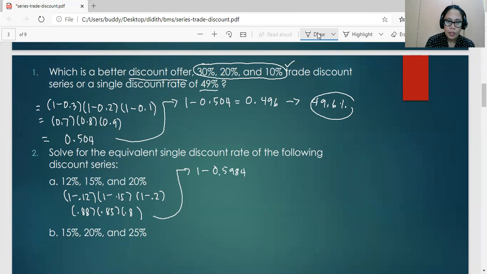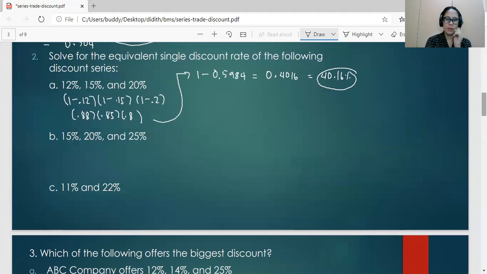Okay? And this is equal to 0.4016. So meaning this is 40.16% for number 1.